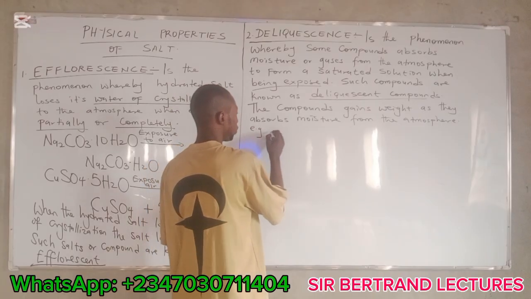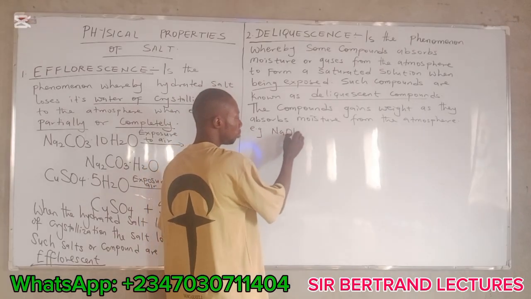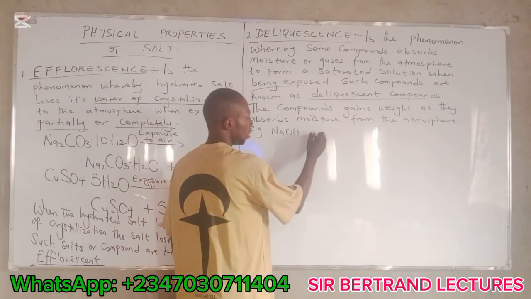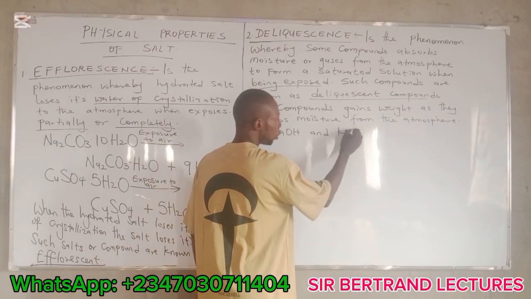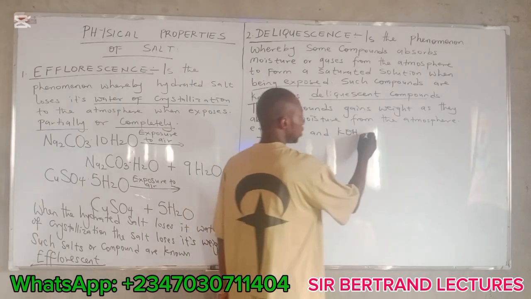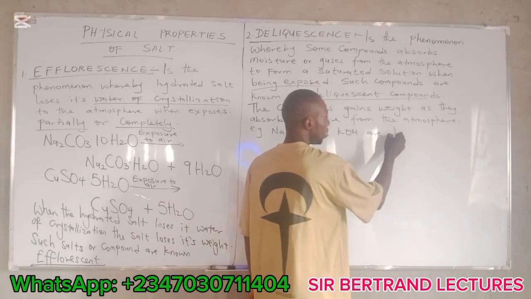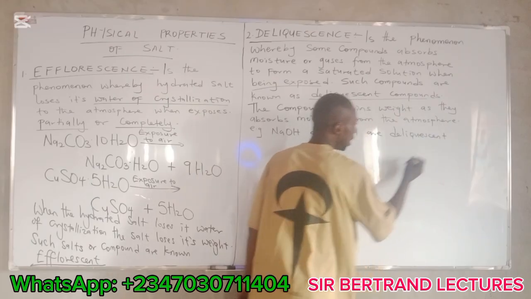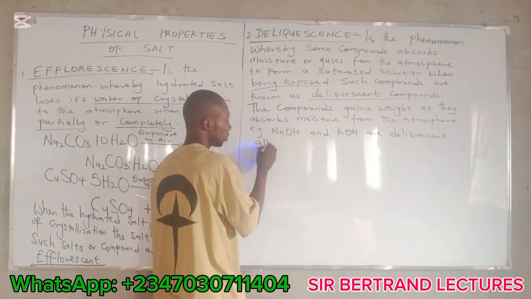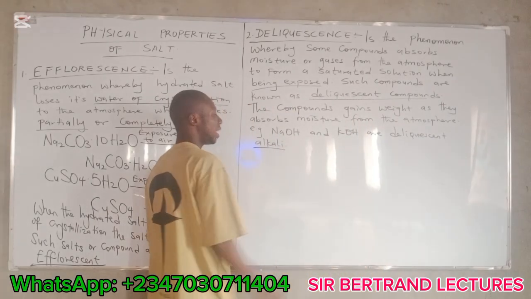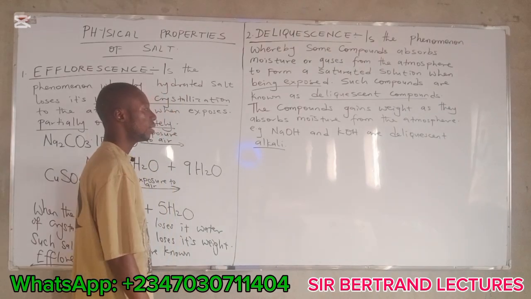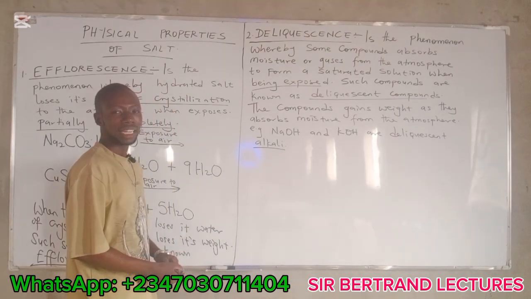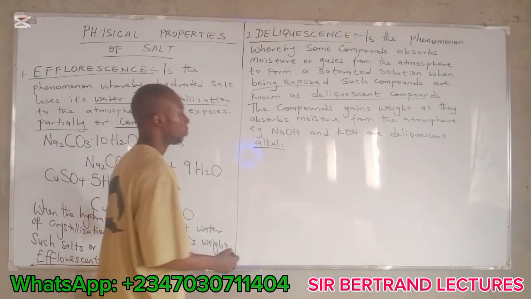Example: sodium hydroxide and potassium hydroxide. They are the deliquescent alkali. Sodium hydroxide and potassium hydroxide are the deliquescent alkali.